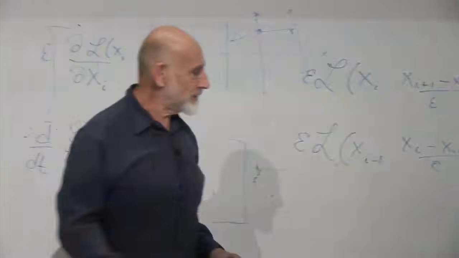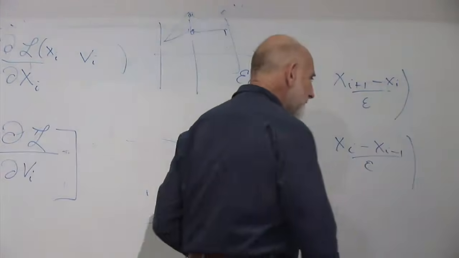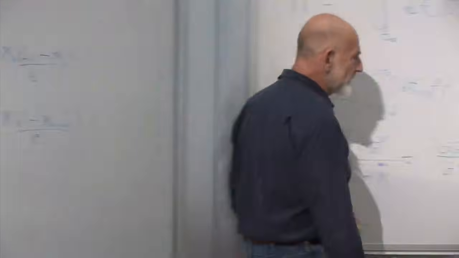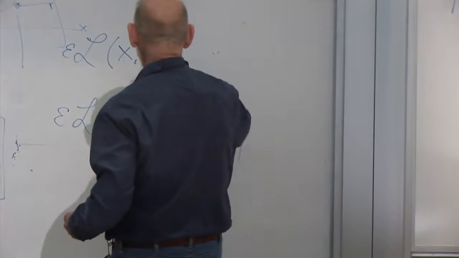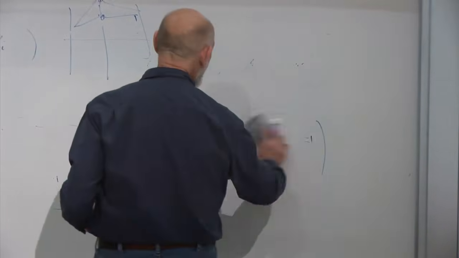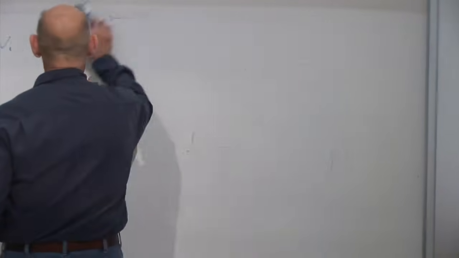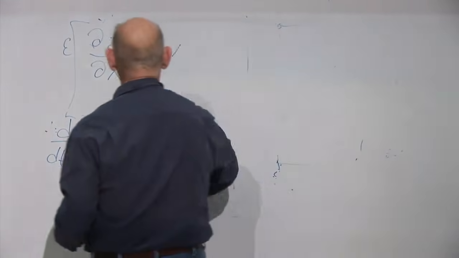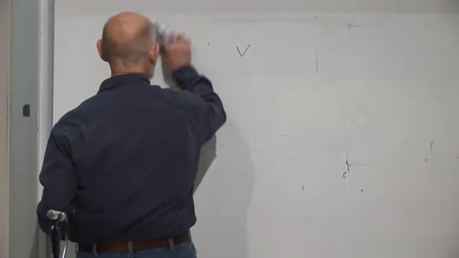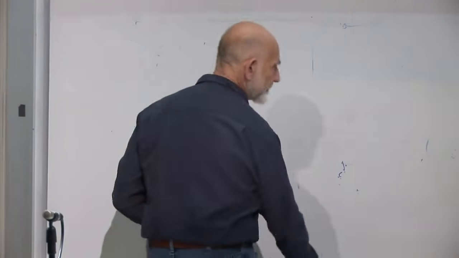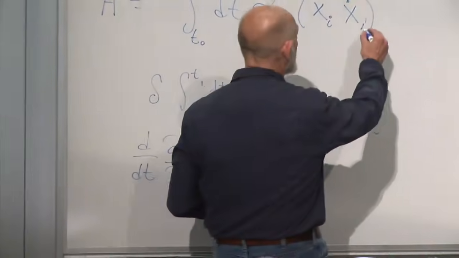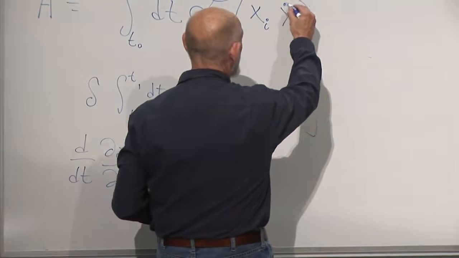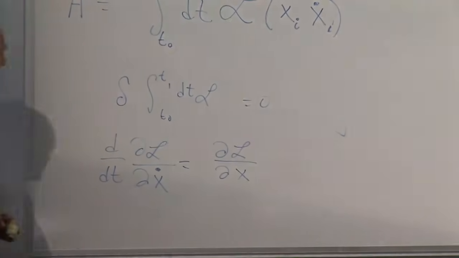Let's erase that blackboard. I does not stand for discrete time anymore. It stands for x, y, or z. It stands for particle number 1, 3, 7, 15. It's all of the coordinates that we're interested in. And the Lagrangian becomes a function of all of the coordinates and all of the velocities.